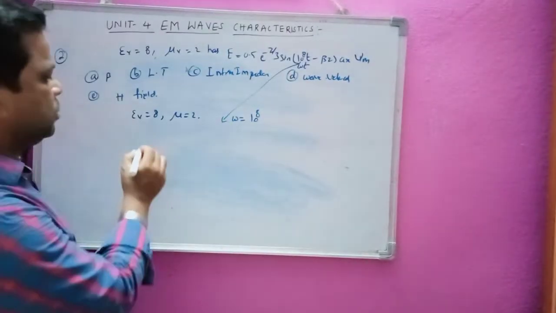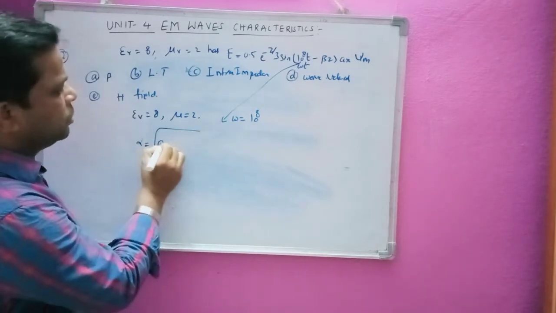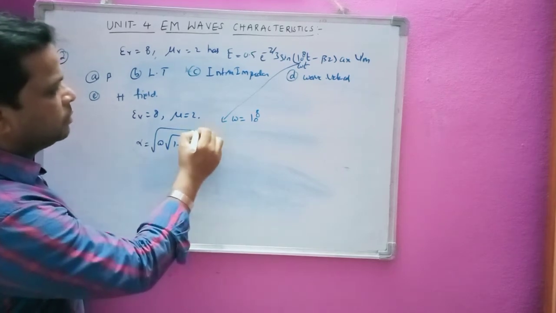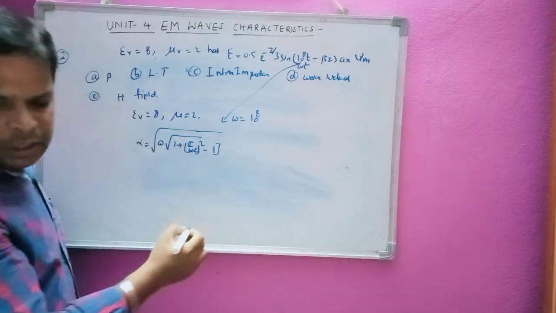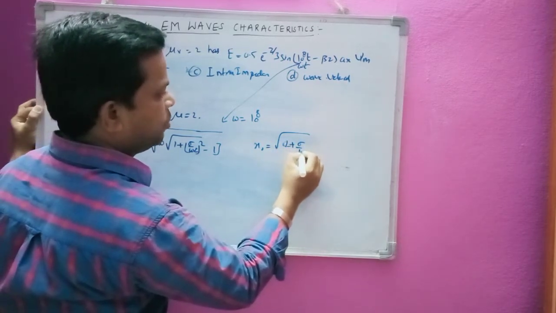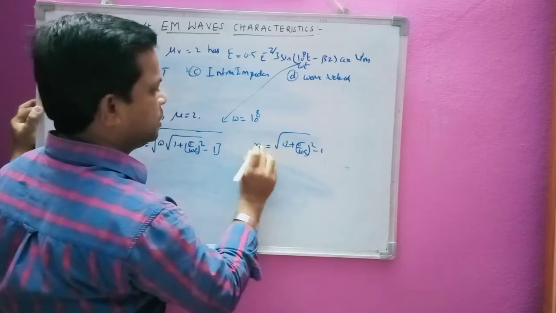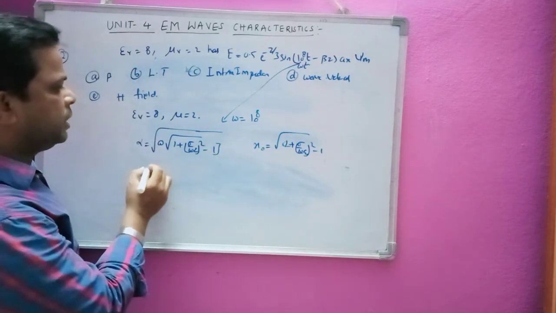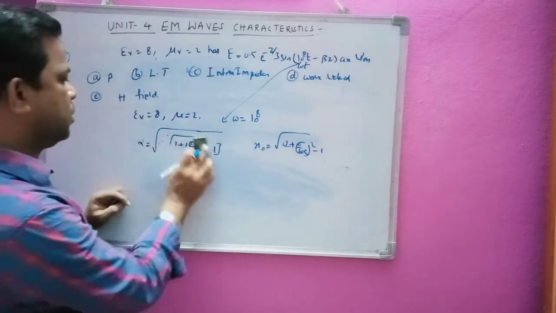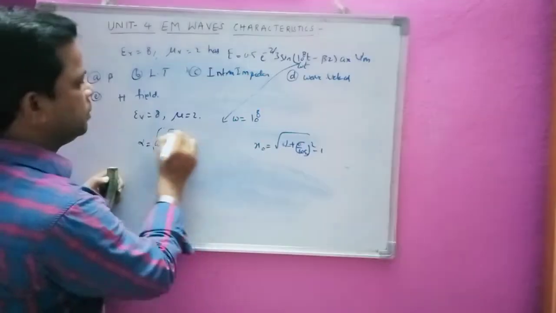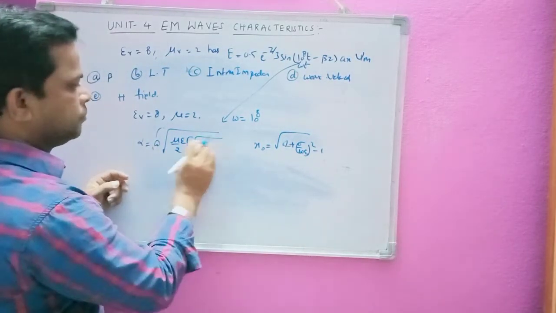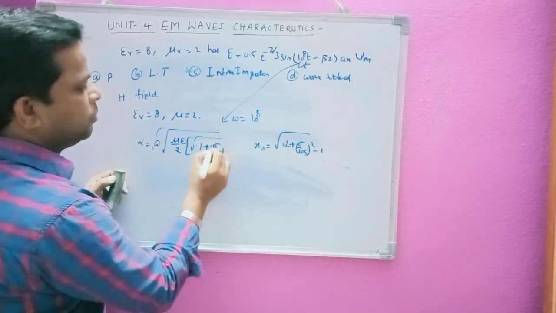Now let us take alpha. We already know that alpha is equal to omega into square root of mu epsilon by 2 into square root of 1 plus sigma by omega epsilon whole square minus 1.